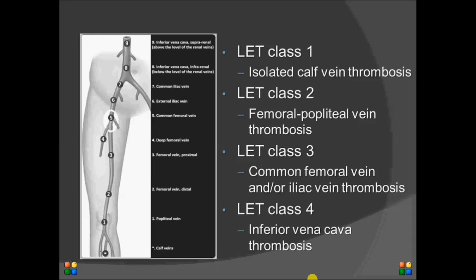And the reason why we want to have this classification is, if you want to treat patients with only conservative treatment, or you want to do an invasive thrombolysis or a stenting or whatever, then the chances are that, for instance, a LED 3 classified patient will have a better outcome of an invasive treatment. So this is why we think that if you want to compare in the future data published on DVT, you want to know in which LED classification they are, and then we can stratify them.